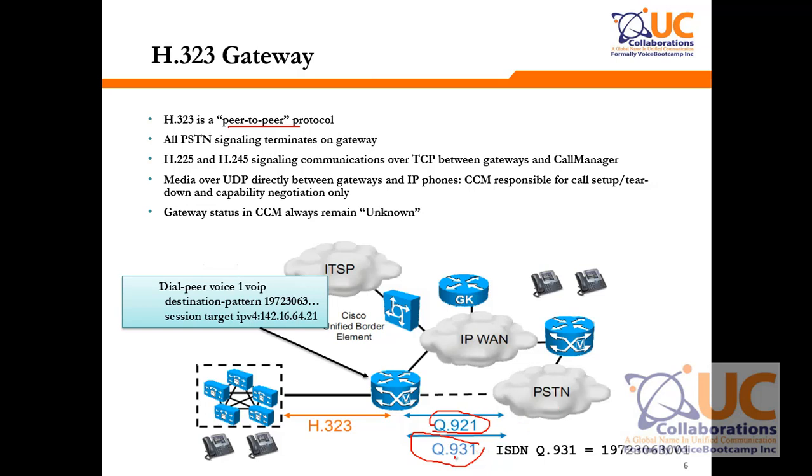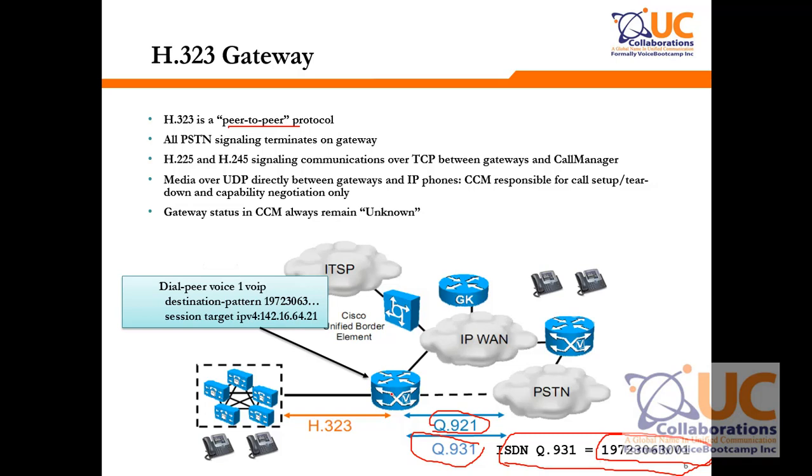One of the important things about Q931 is that it contains the phone number that the user actually dialed to reach your destination, or the destination number. The router will intercept the Q931 packet, look at the dialed number or DNIS, and then take that number and make a decision as to what to do.